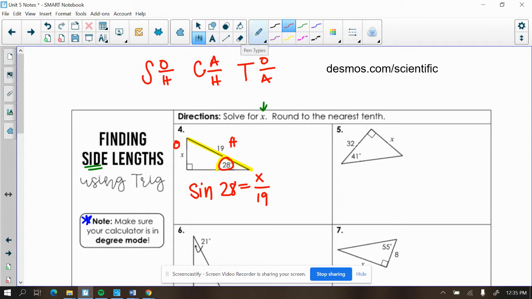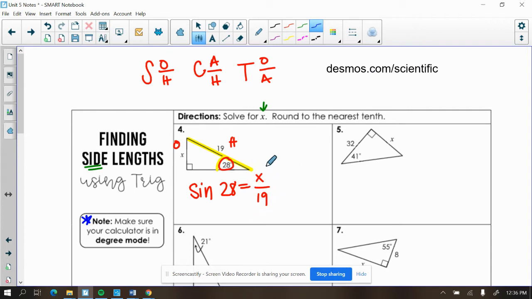Or if you have a calculator that you can use at home, then that's perfect as well. Your phone is a little tricky with this, so I would not want to use your phone calculator. You could download the Desmos Scientific app on your phone, and we can work on that in class too if you have questions.